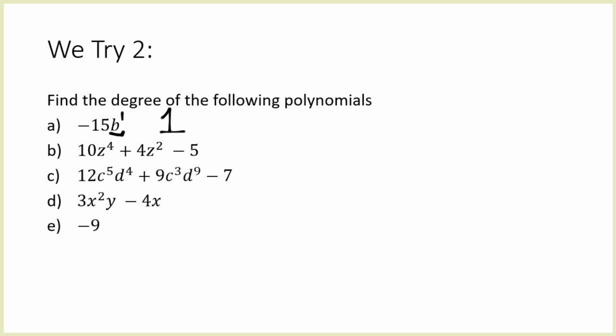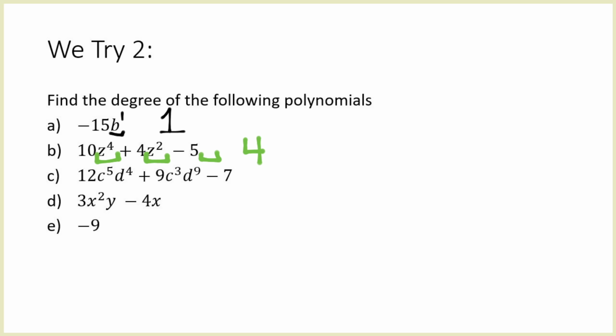For letter B, I have negative 10z to the 4th, so that has a degree of 4. I have negative 4z squared, so that term has a degree of 2. And I have negative 5 with no variables, so that one has a degree of 0. The biggest one of those, 4, 2, and 0, is 4. So that trinomial has a degree of 4.